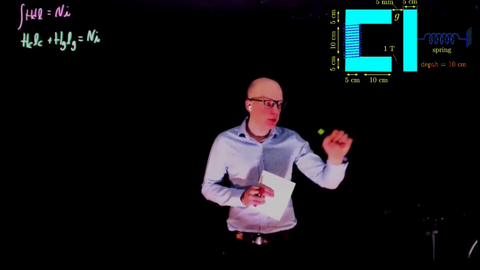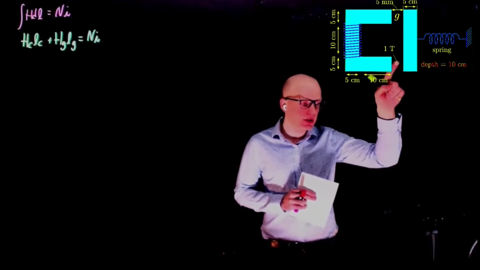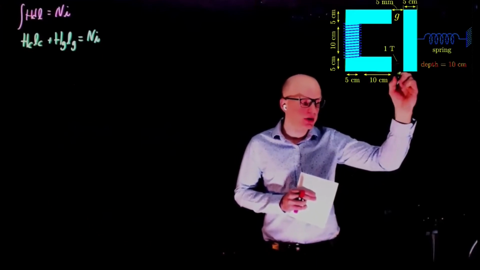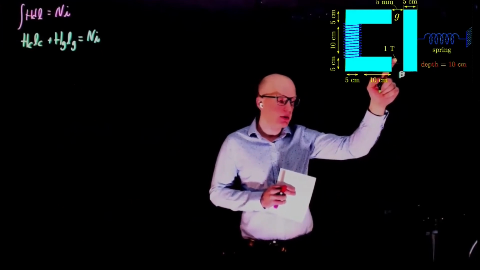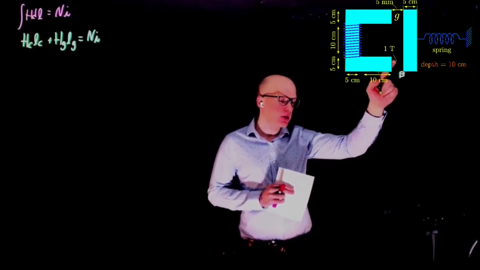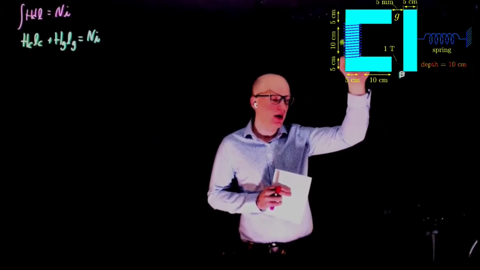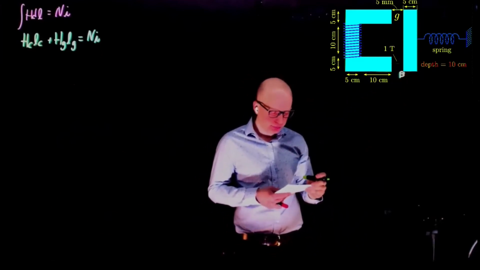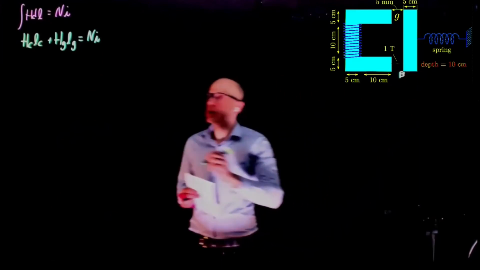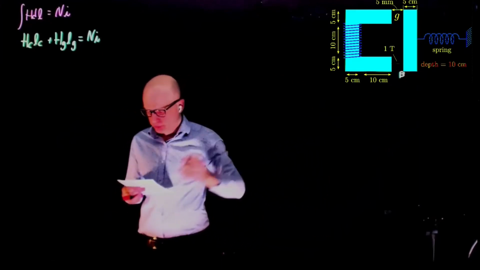And we know that we have 1 Tesla here, because Tesla means the flux density, that's B, right? And because we have the same cross-section, if you have 1 Tesla here, we should have 1 Tesla everywhere else as the flux density. So how can you relate this to B?